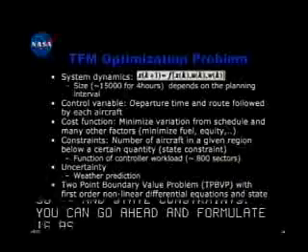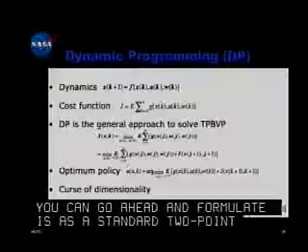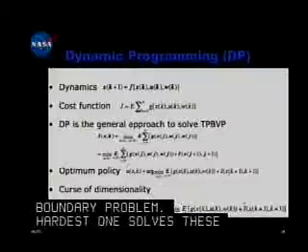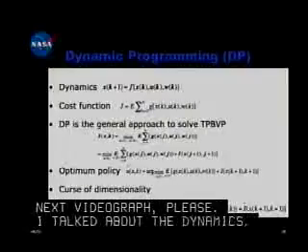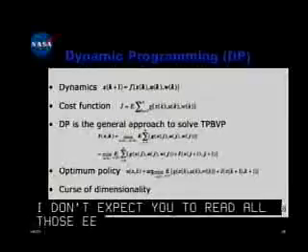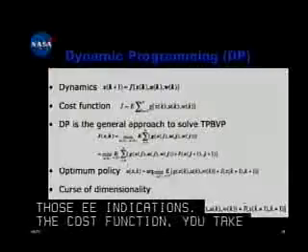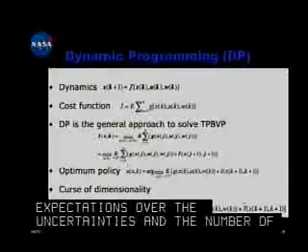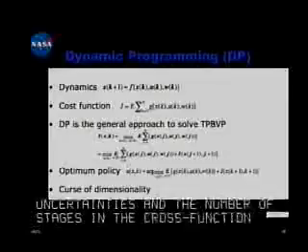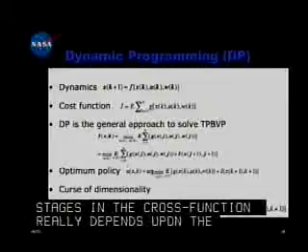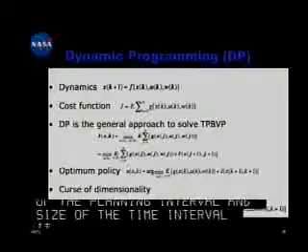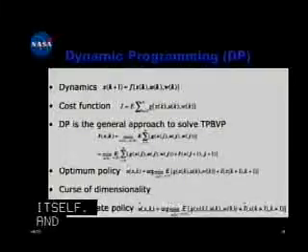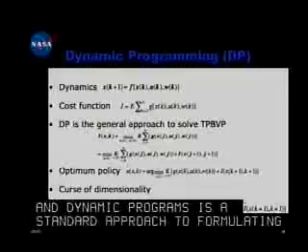How does one solve these problems? Next view graph, please. So I talked about the dynamics. I don't expect you to read all those equations. The cost function, you take expectations over the uncertainties, and the number of stages in the cost function really depends upon the length of the planning interval and the size of the time interval itself. And dynamic programming is a standard approach to formulating the solution to a lot of these problems.